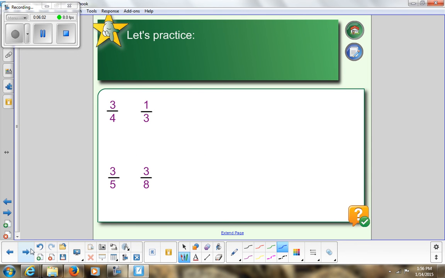All right, so let's practice. We have 3/4 and 1/3. Let's do our multiples here. We have a common multiple already of 12.